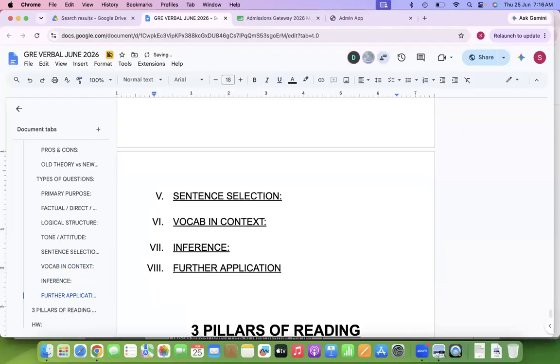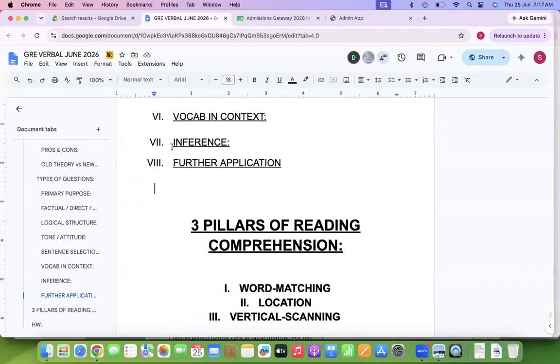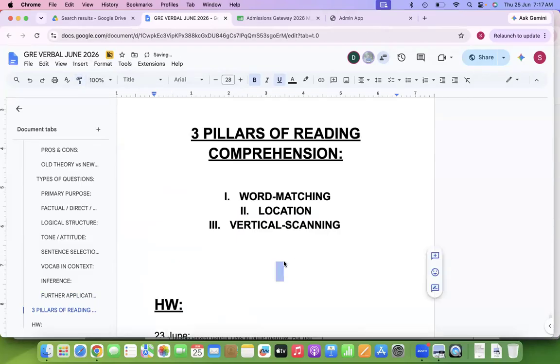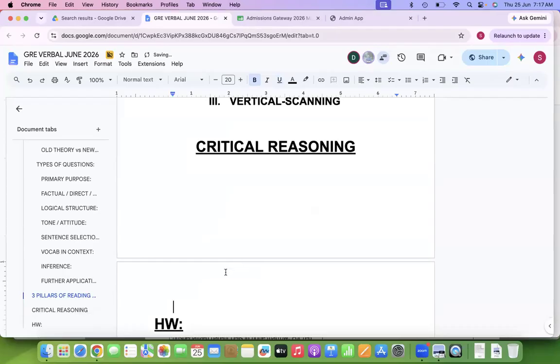What the GRE does is that it clubs critical reasoning under the head of reading comprehension. And they give you only one or two critical reasoning questions across the section anyway. So let's say that a subset of reading comprehension is critical reasoning. But what's going to happen is there are some questions on critical reasoning which have a direct overlap with RC.